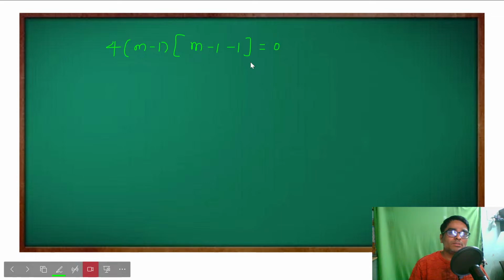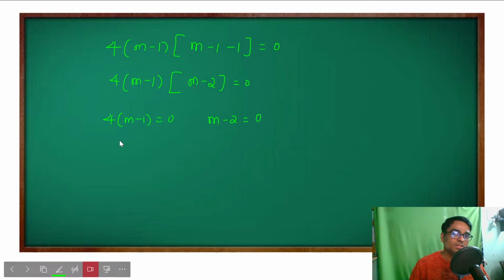This will be now m minus 2 equal to 0, and this will be 4 into m minus 1. Correct. So now if I equate both of them, 4 into m minus 1 equal to 0 is one root, m minus 2 is equal to 0 is another root.